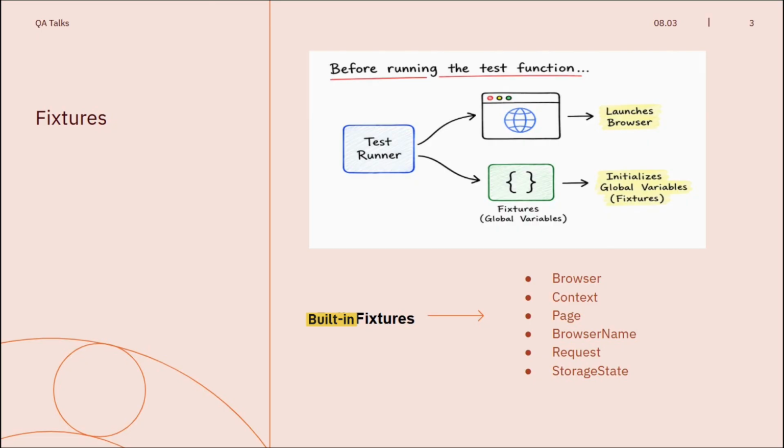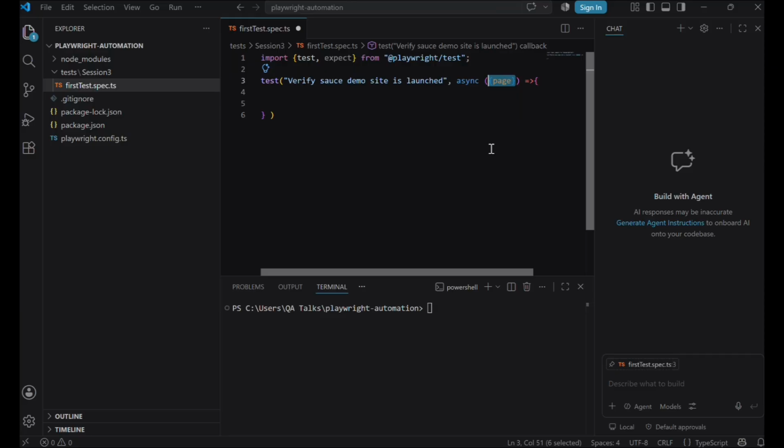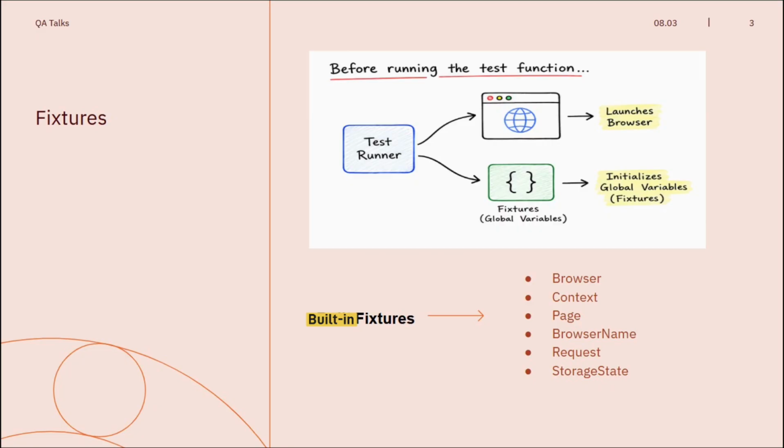If we look at Playwright's execution framework, before running your actual test function, whatever you are defining here, Playwright's test runner will launch the browser and prepare an environment. When I say preparing an environment, the test runner will initialize a few global variables called fixtures.